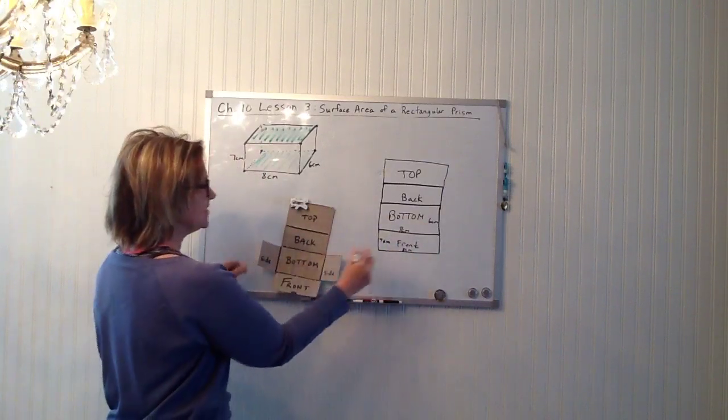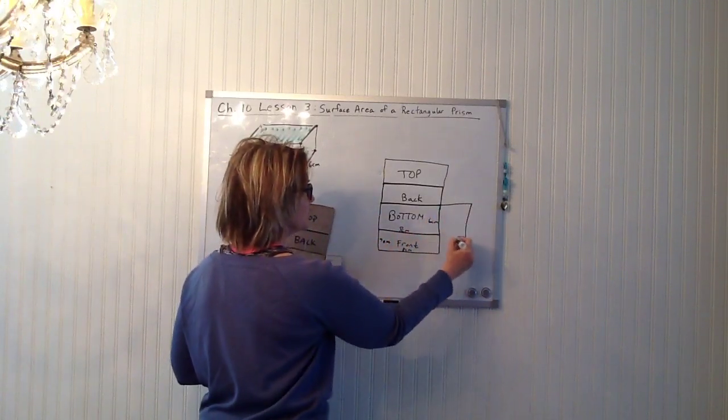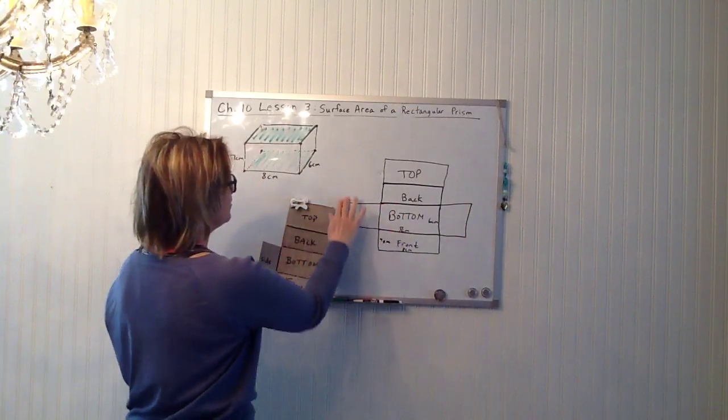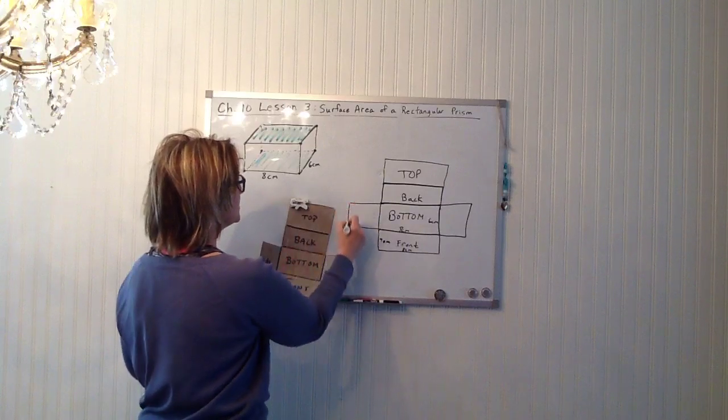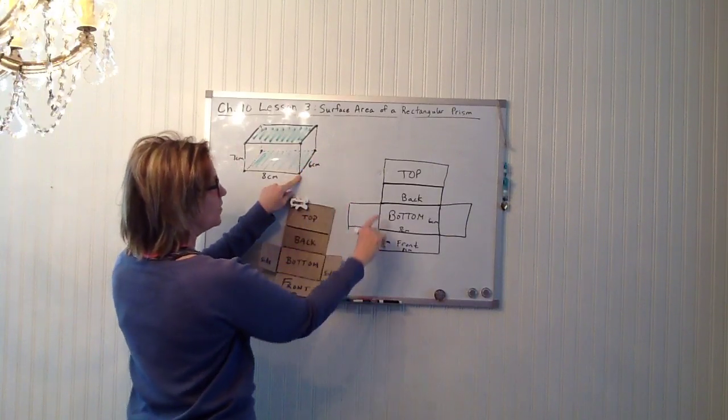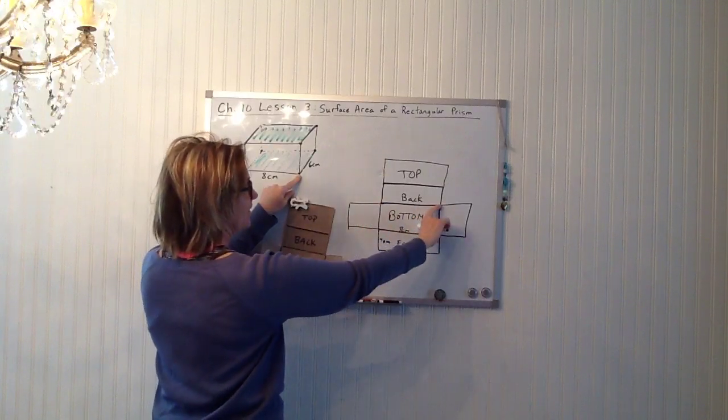I can see that the sides are attached to the bottom. And if I look at my dimensions on the side, I can see there's a 6 here, which shares the side with the bottom.